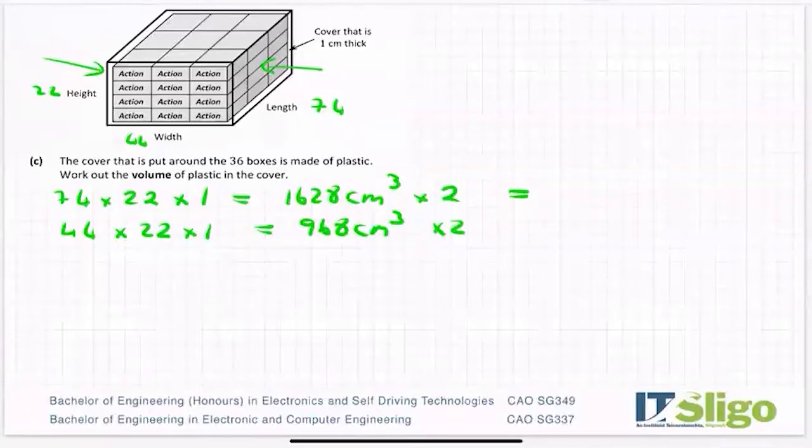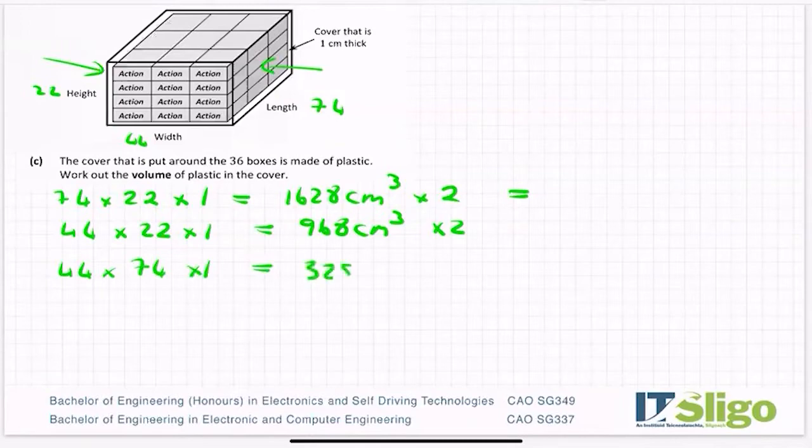And then I need to look down on the box, don't I? Or up the bottom, whichever way you want to see it. So it's the width by the length by the 1 centimeter thick. And of course I have 2 of them, 1 on the bottom and 1 on the top.